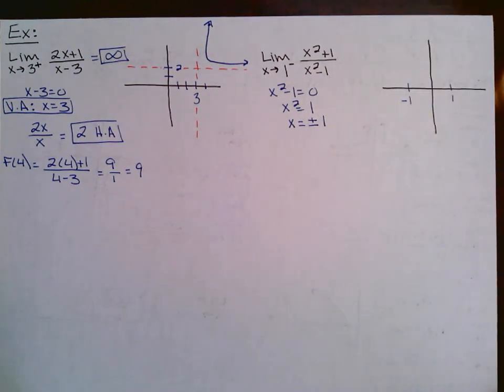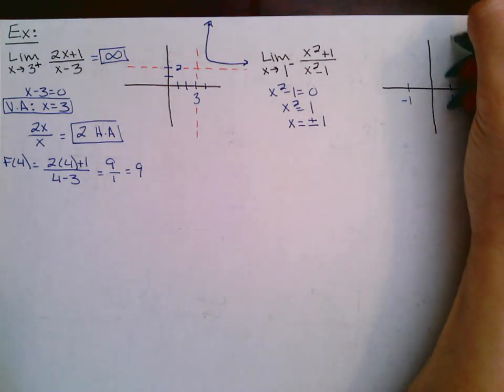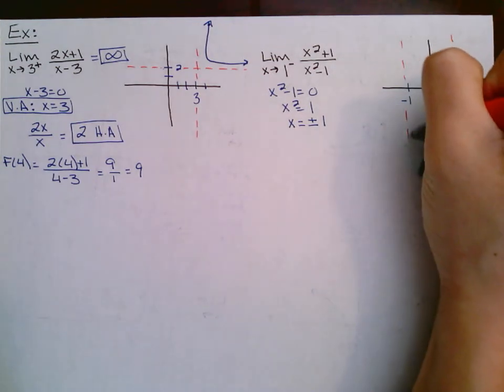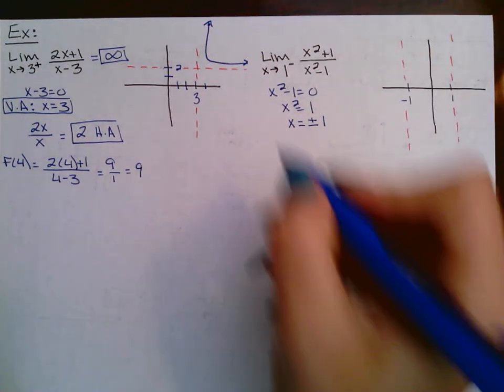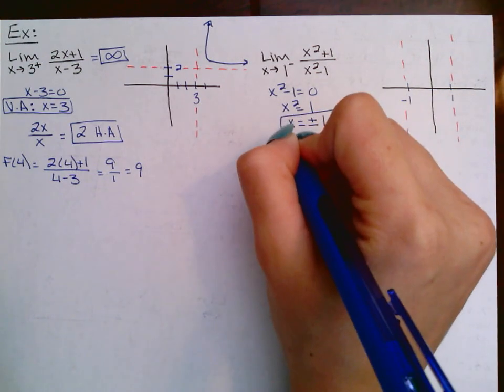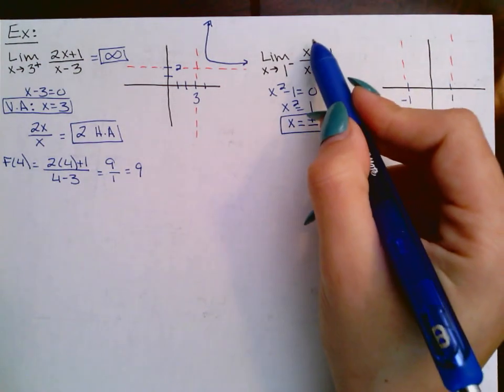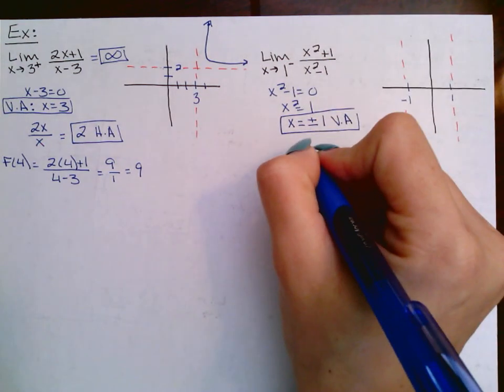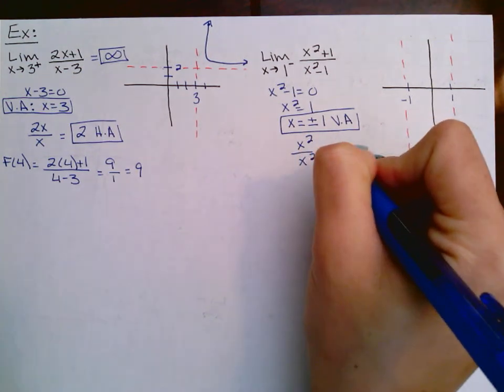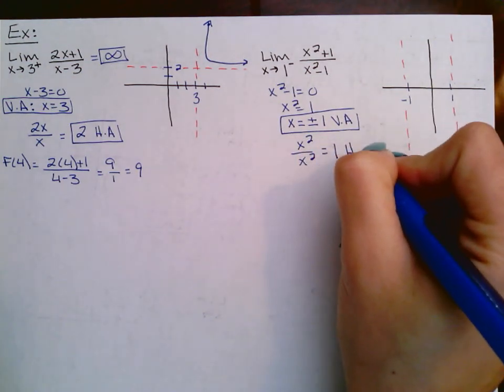You'll miss an entire asymptote. And this is my vertical asymptote. For the horizontal, I'm comparing my highest exponents. So I have an x squared over an x squared. My coefficients are 1. This is where my horizontal asymptote is.